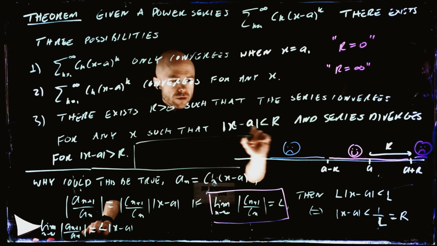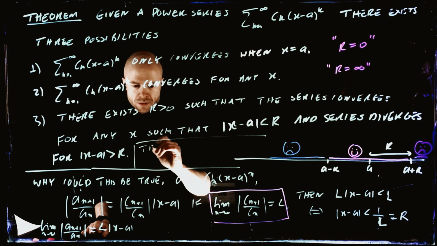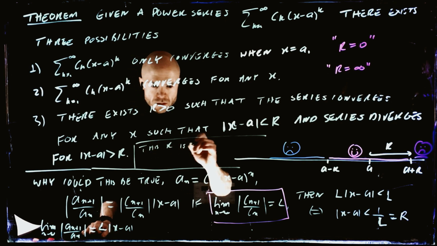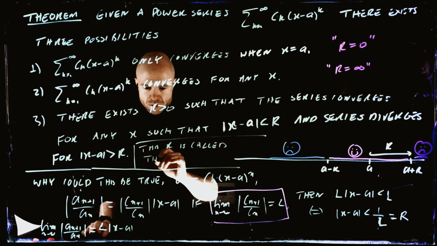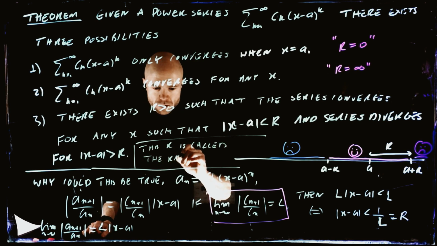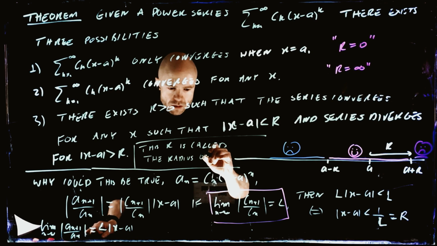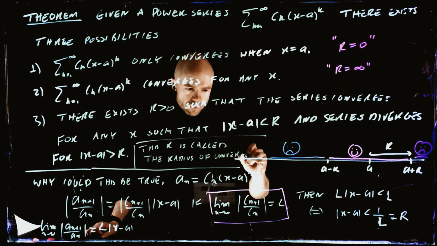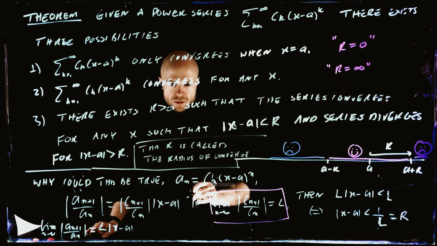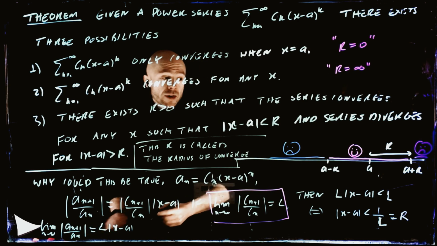Okay. So this R is called the radius of convergence. And that's a number.